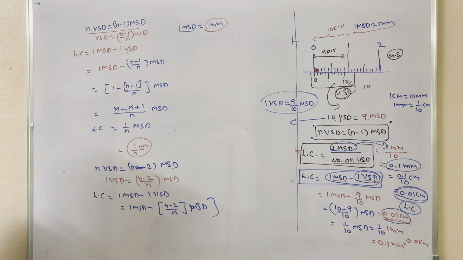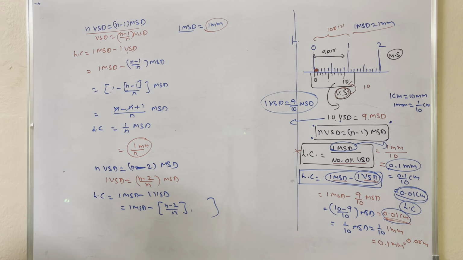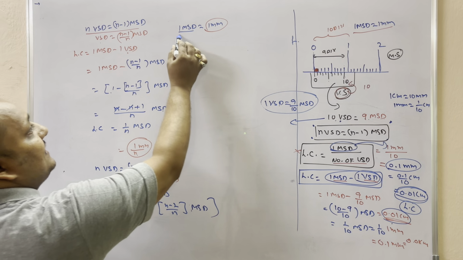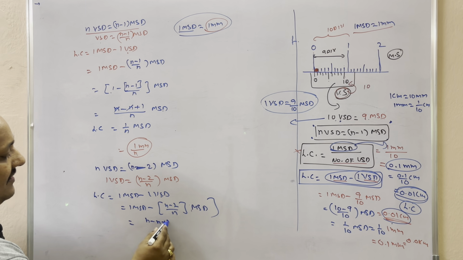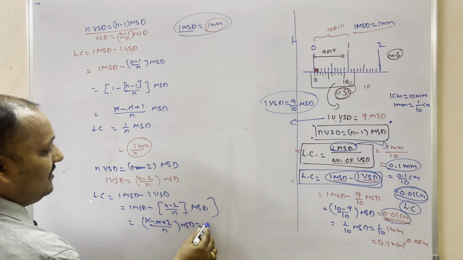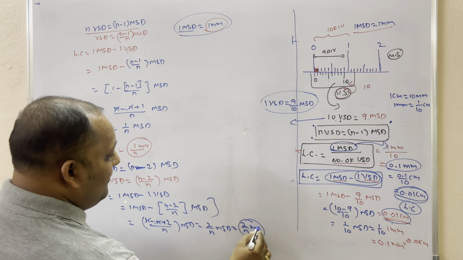In place of VSD, we are writing MSD, because we are replacing VSD with MSD. Why are we replacing? Because they gave the 1 MSD value. Then what will you get here? n minus n plus 2 by n MSD. That is nothing but 2 by n MSD, 2 by n millimeters.